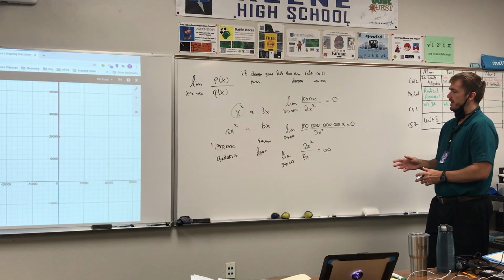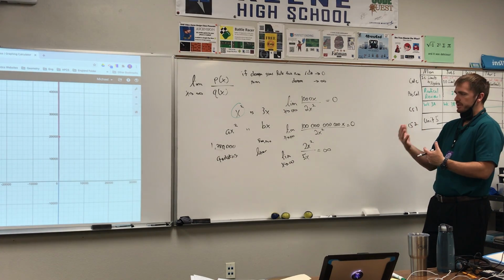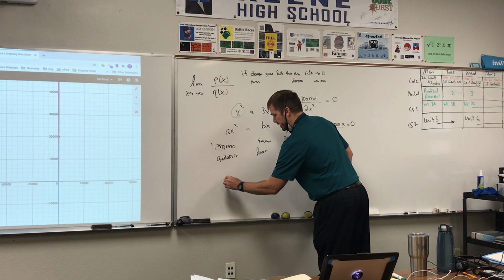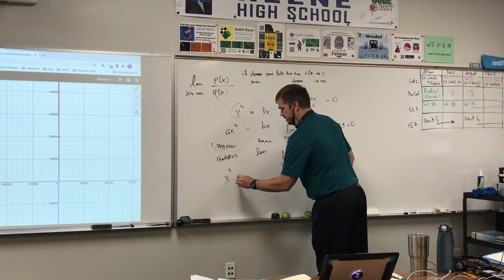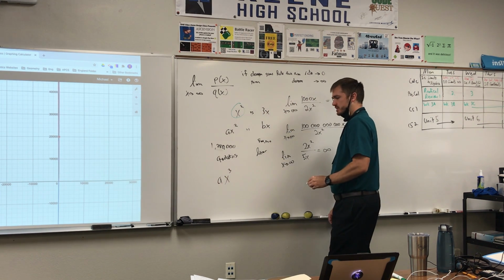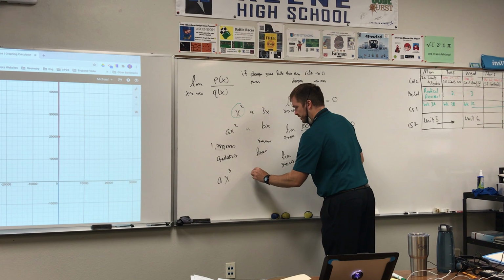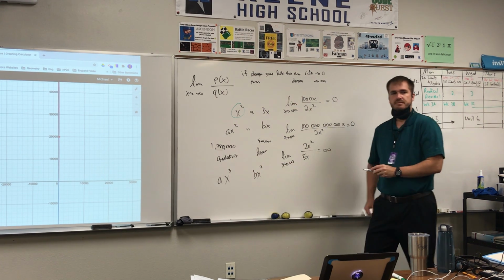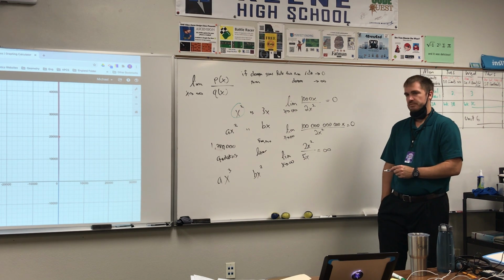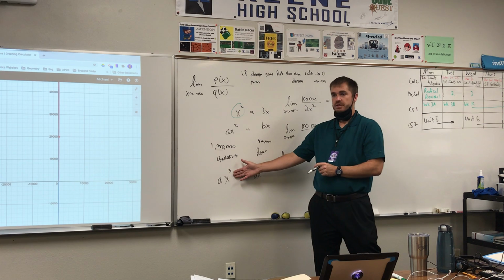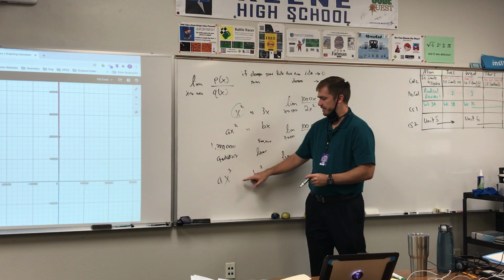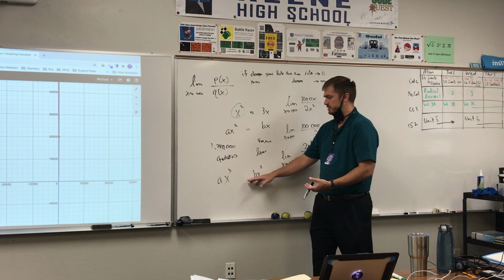All right, now let's see if we can reason this out. What about a cubic, ax cubed, versus a quadratic? It is going to be the cubic, because no matter what number I have there for the a and b, they almost don't even matter.